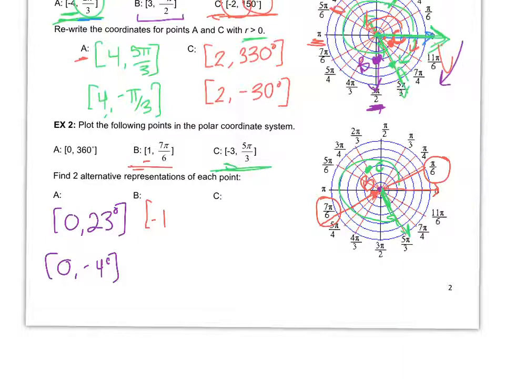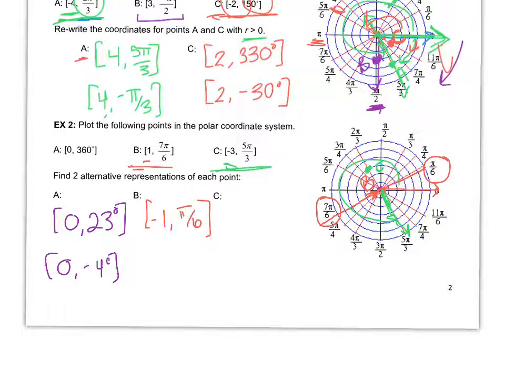So by facing pi over 6, then I could walk backwards 1 unit, which would get me to point B. So that could be one of the different options to represent that same exact point.